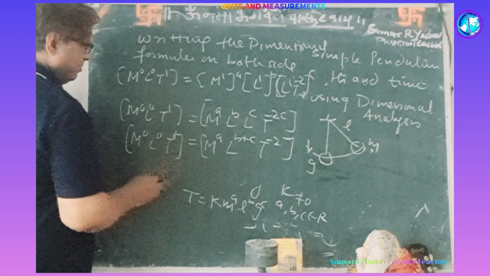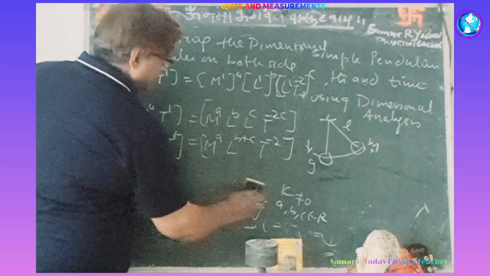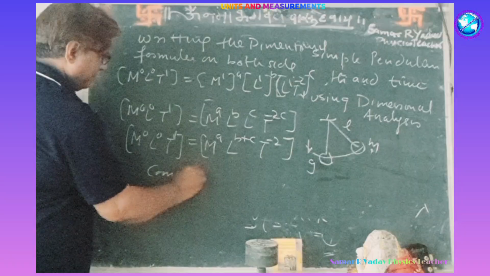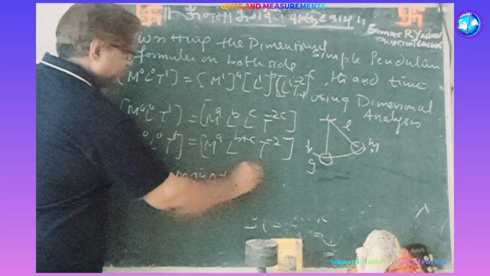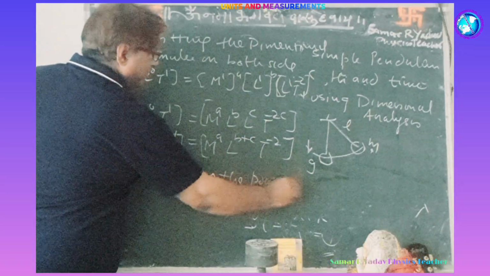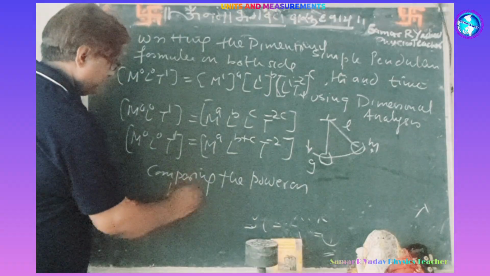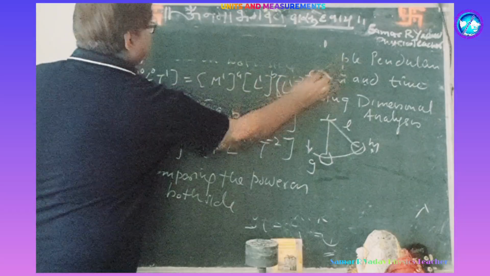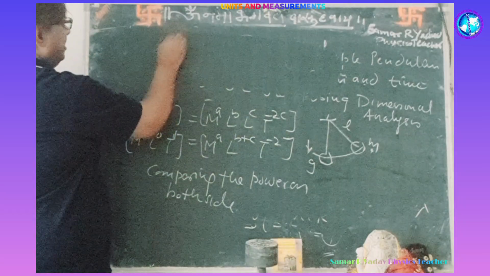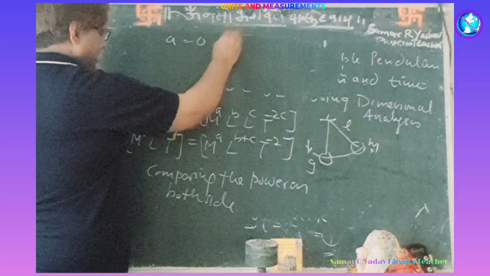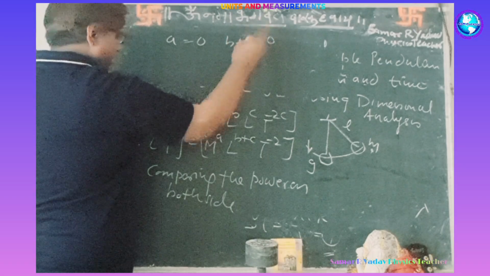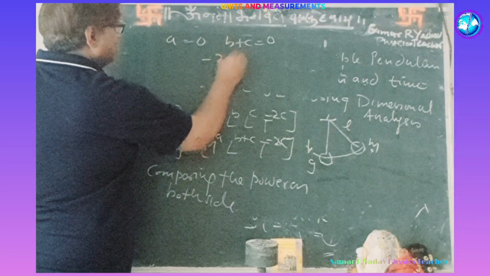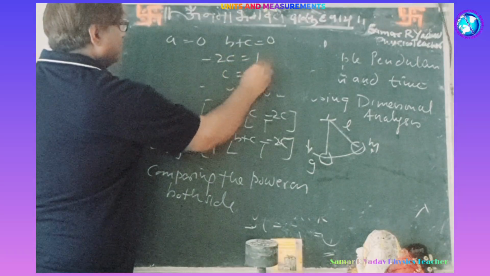Now comparing the powers on both the sides, we get a is equal to 0, then b plus c is equal to 0, and here minus 2c is equal to 1, therefore c is equal to minus 1 half.